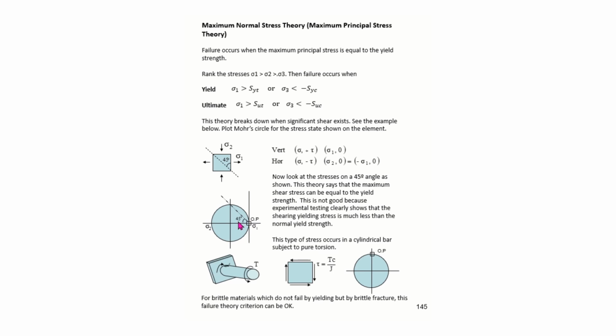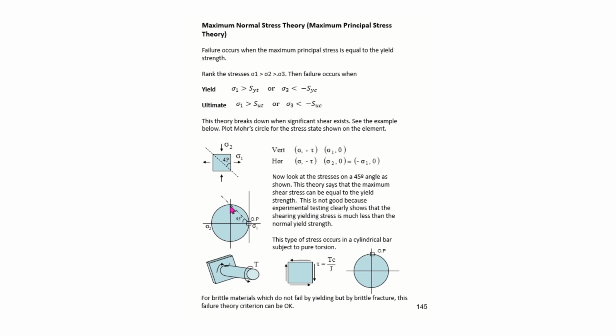And if I plot the radius of this circle, the radius is actually sigma 1, or the maximum principal stress. And that means that my maximum tau is also equal to sigma 1, because the radius of my circle is my tau max.